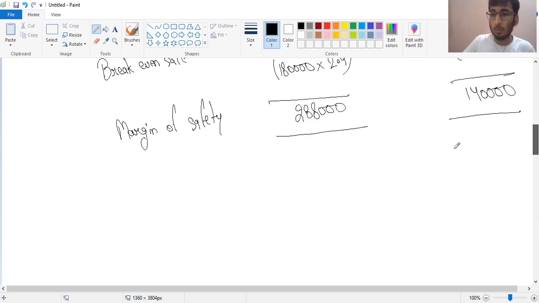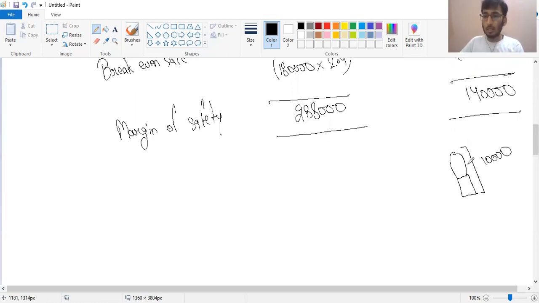See, let me tell you with an image. Suppose this is our variable cost, and this is our fixed cost for a particular product, suppose 10,000 products.